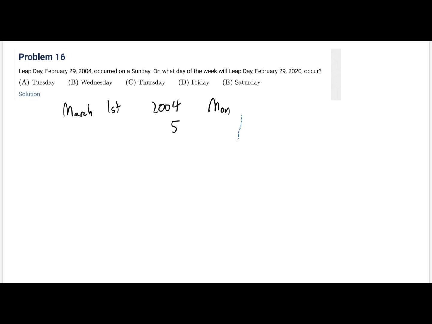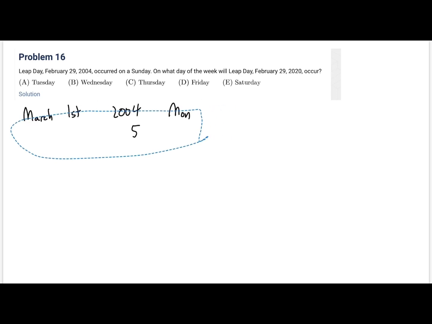So let's move this whole thing back a little. If it's 2005, then it would be plus 1 day, Tuesday, and then plus 1 day, 2006 would be Wednesday. 2007 would be Thursday, and then 2008 would add 1 more day, so it would be skipping 2 days: Thursday, Friday, and then Saturday.